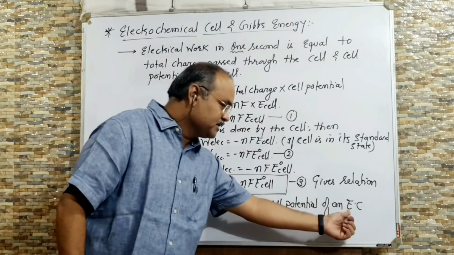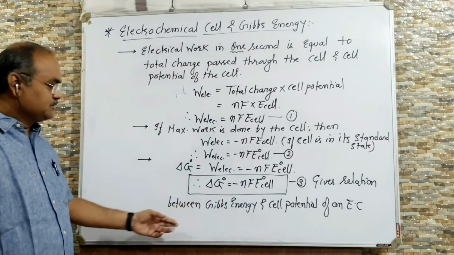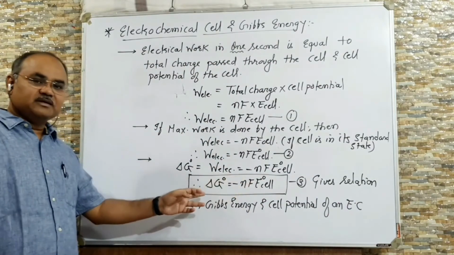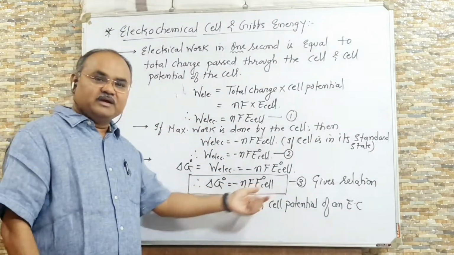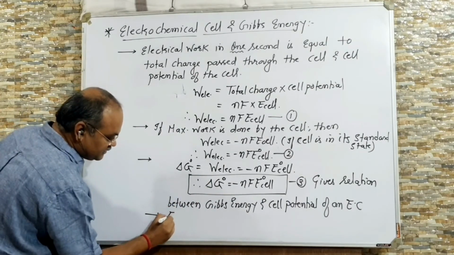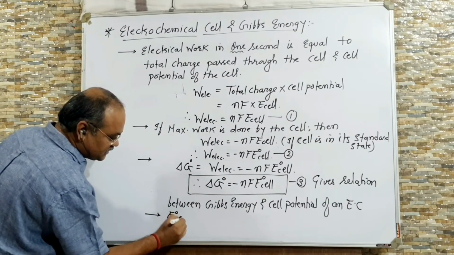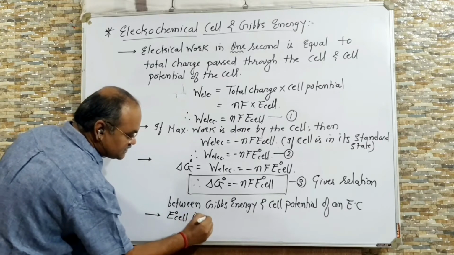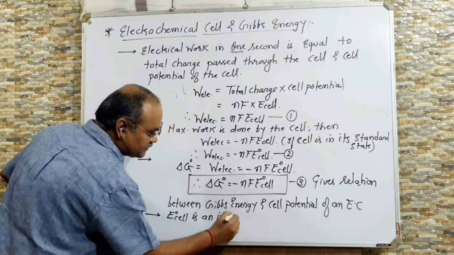I am writing here EC, electrochemical cell. So this equation is very much important, and in 11th standard we have studied this, and we know that E0 cell is an intensive property.